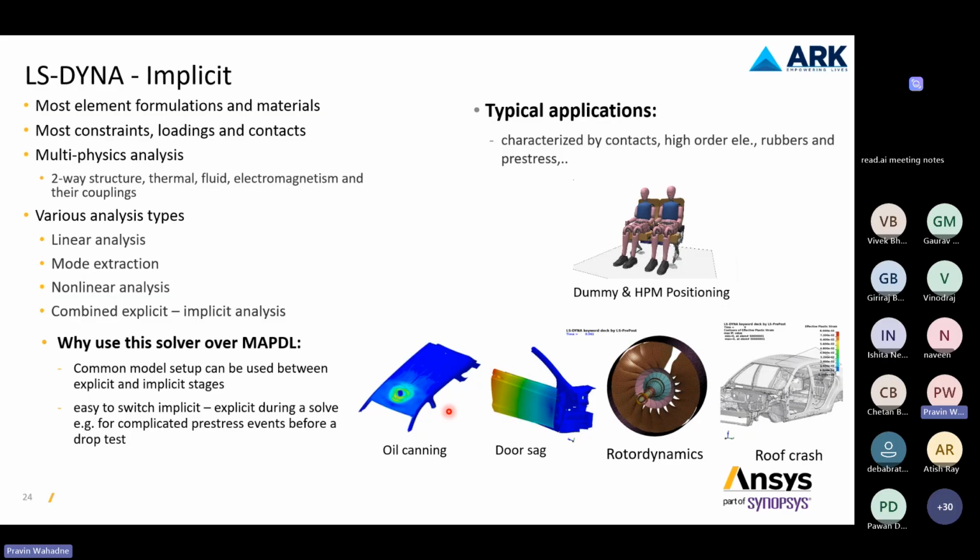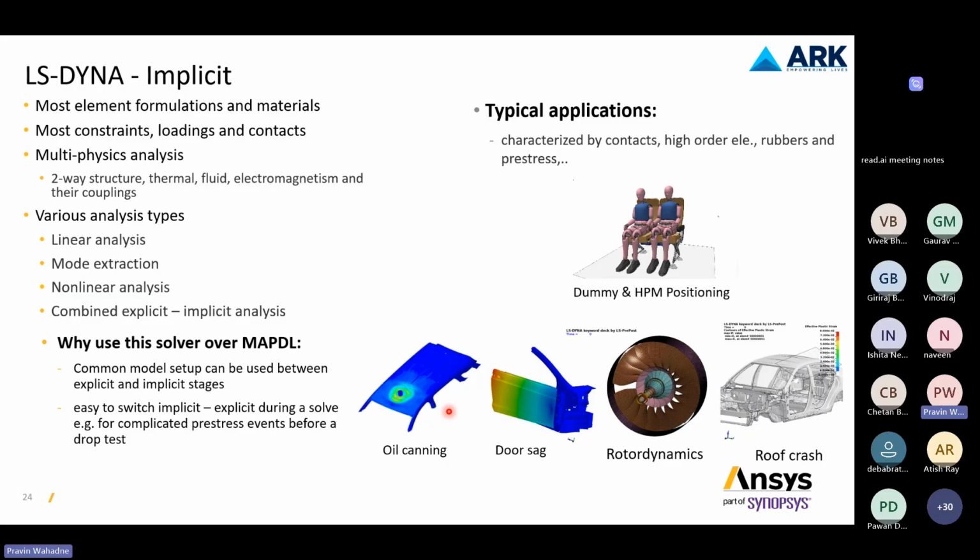In these simulation techniques, the element formulations, materials, constraints, loading conditions, and contacts are similar to explicit, but the technique followed for implicit is totally different because we have separate cards for implicit in LS-DYNA.